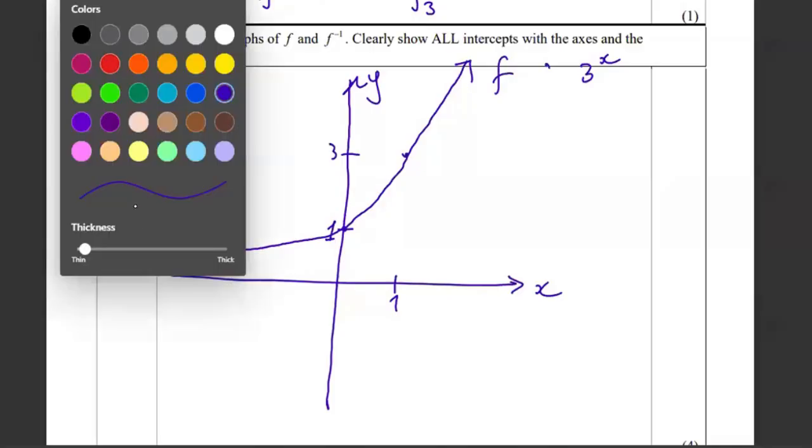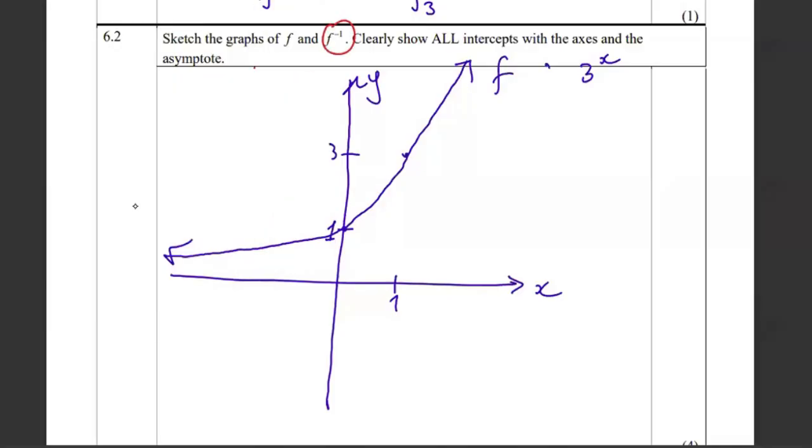And then the inverse, just switch points, 0, 1, 1, 0. 1, 3, it's going to be a 3 and a 1. Okay, 3 and a 1, somewhere there. So meaning that this graph should just move in this sort of direction. Okay, so that is what we have.